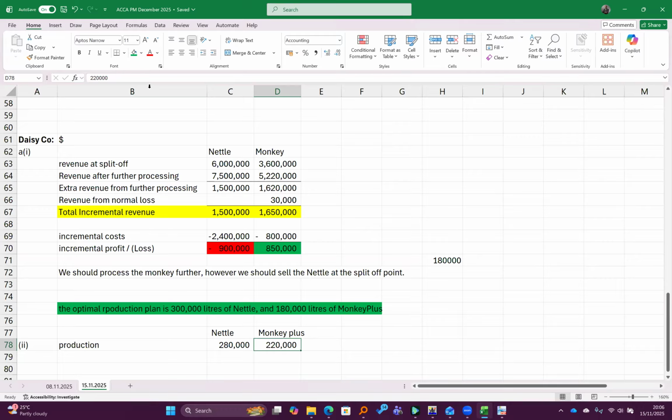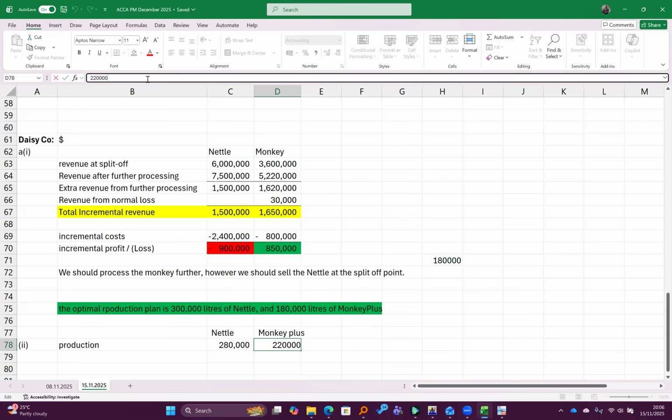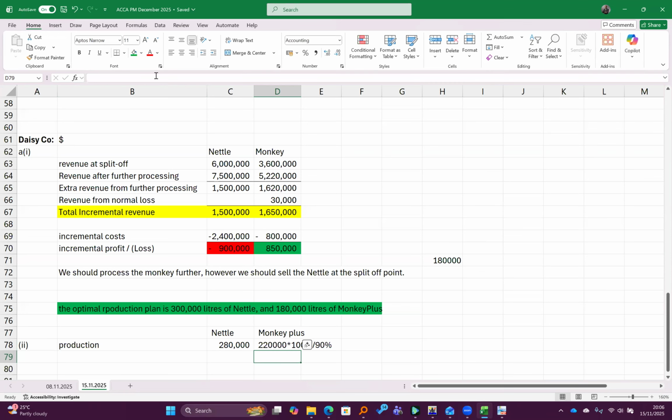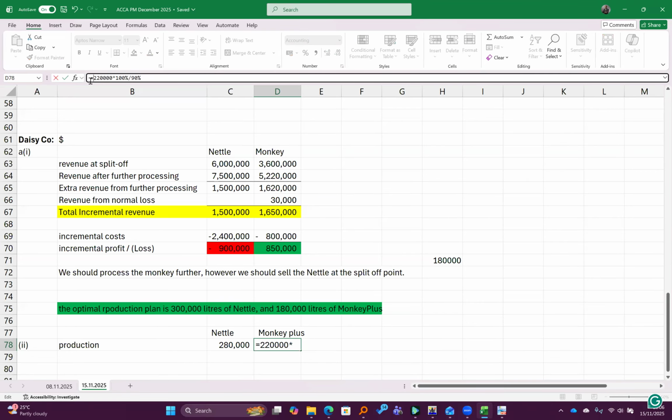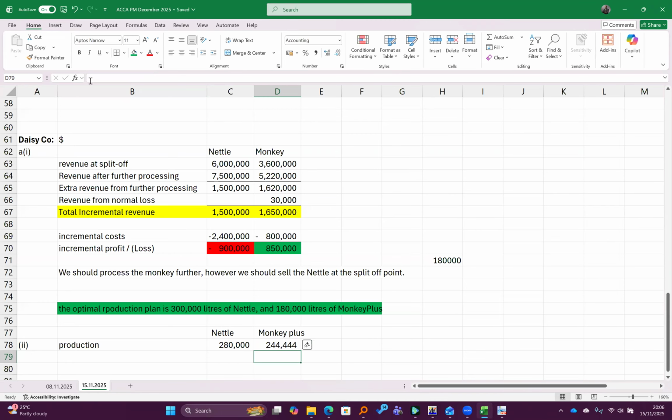So if you multiply this one by 100% over 90%, actually that should be 244,444. That is for monkey, not monkey plus.